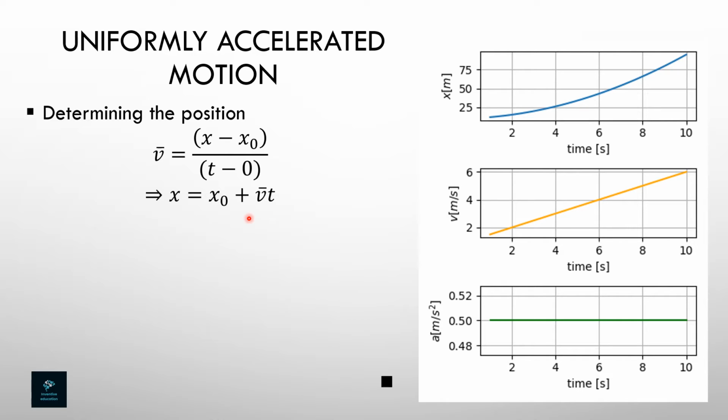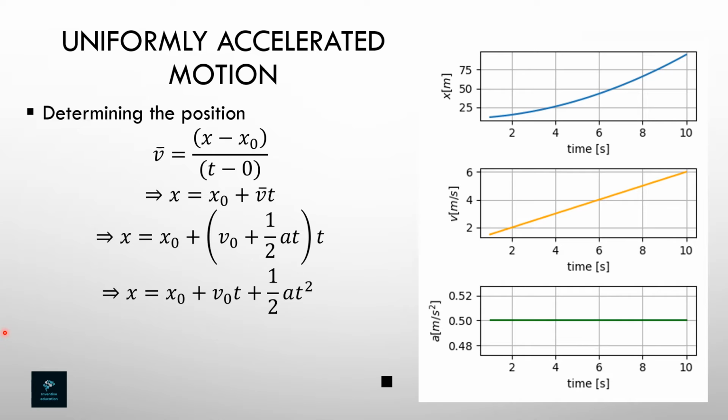We have already obtained the equation for average velocity. Using that equation here, we get x equals x0 plus (v0 plus half at) times t. This gives x equals x0 plus v0 t plus half at squared. This is the second basic equation of motion for the uniformly accelerated case.